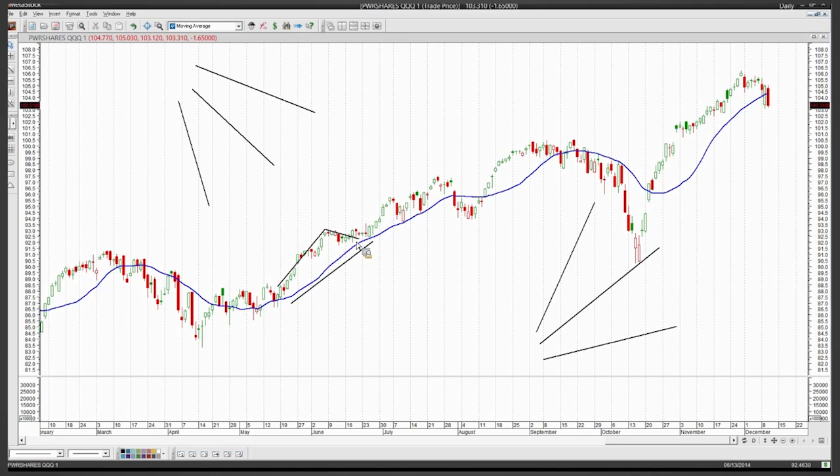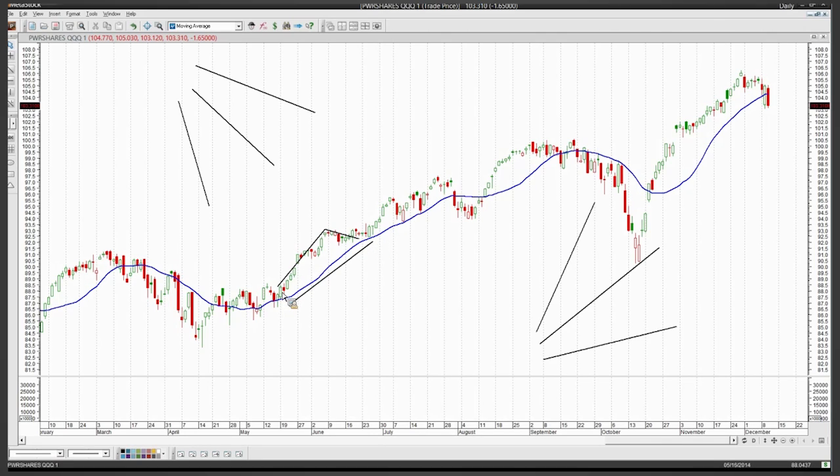So we could mistake that for downward momentum. But as you see in this case, the 20-period moving average throughout this pullback maintains that slope upward. So what that tells us is this is merely a retracement or a pullback before a continuation of this trend. That's why the 20-period moving average comes in so handy here.